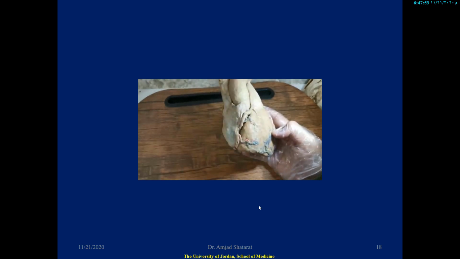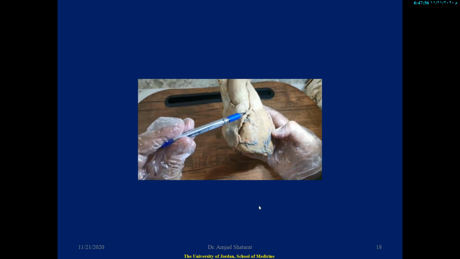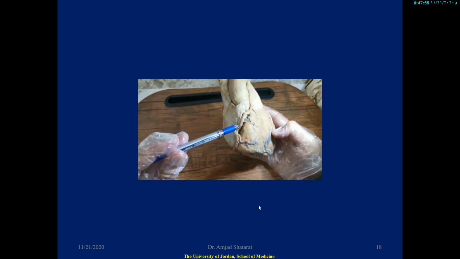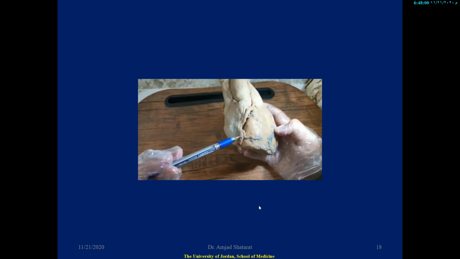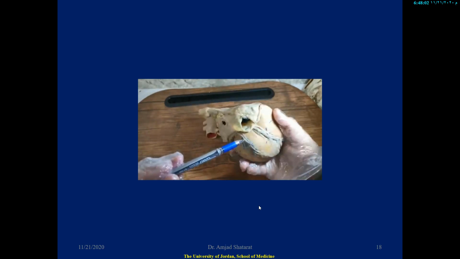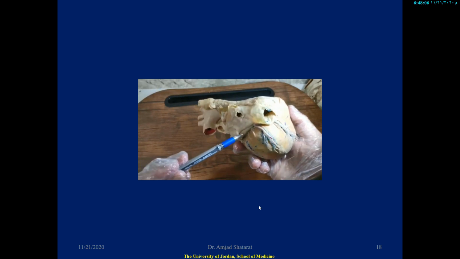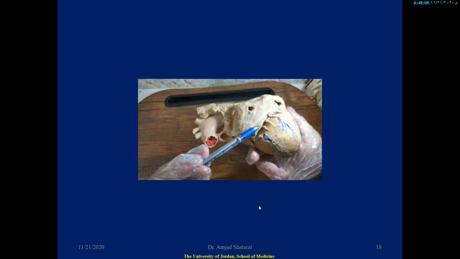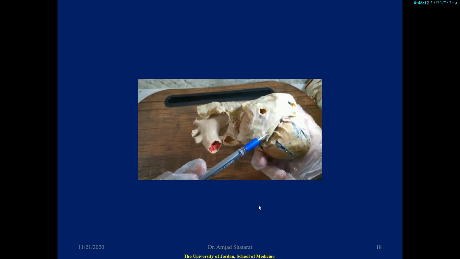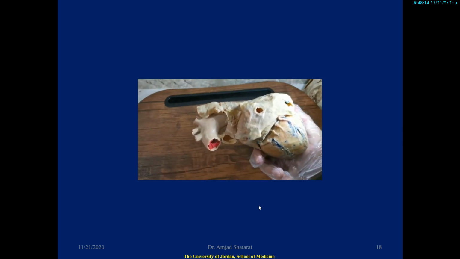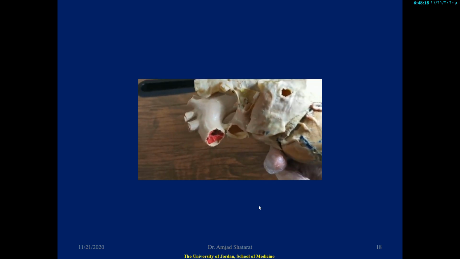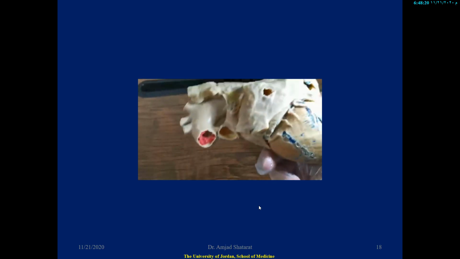First of all, it's the right coronary artery. Then when we go backward, in this part here, it is the coronary sinus, the venous drainage of the heart itself. It's very important to focus on this structure here.